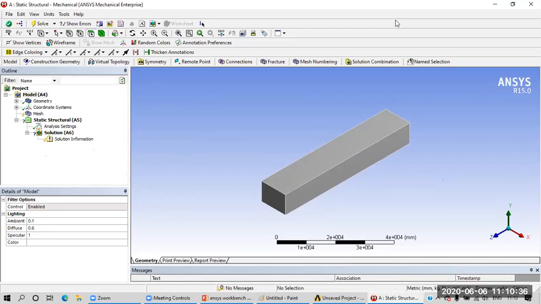Now jump to the second word. Tell me what the element means. What do you understand by element? Anyone, anything, whatever is in your mind related to element.